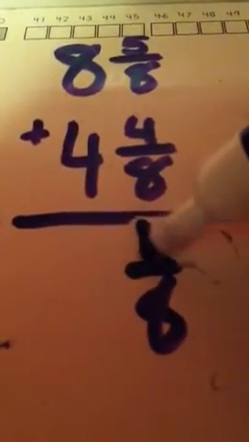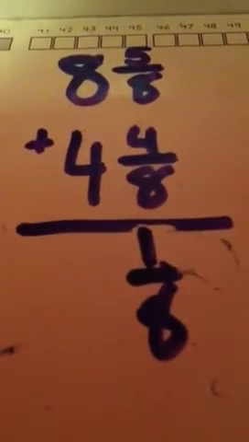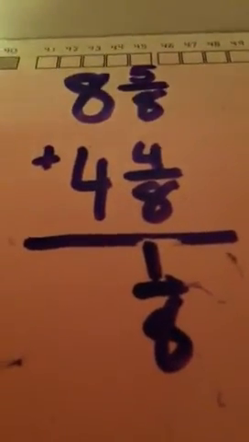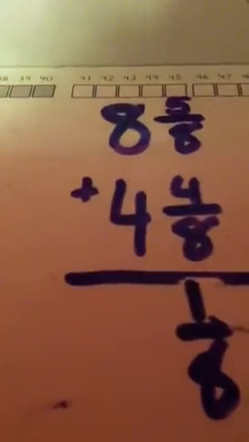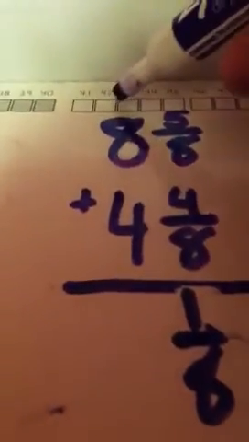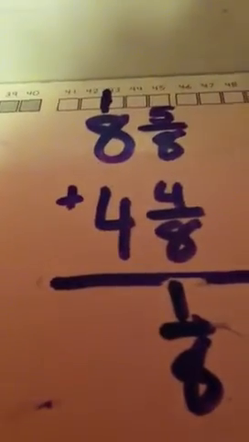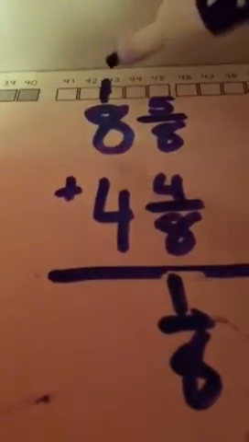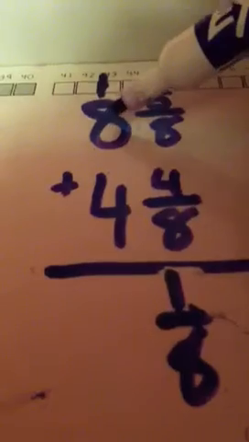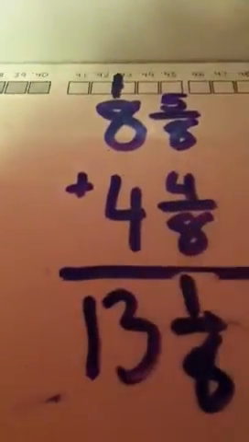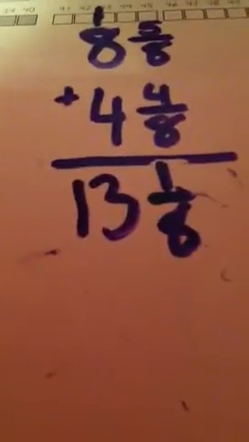If I take away 8, I'm left with just 1. Now that 8, I can't just throw it away. It's actually a whole number. So what I can do with it is carry it over to my whole number column, put it up at the top, and now add it. So I have 1 plus 8 is 9, 9 plus 4 is 13. And so that's what my answer would look like.